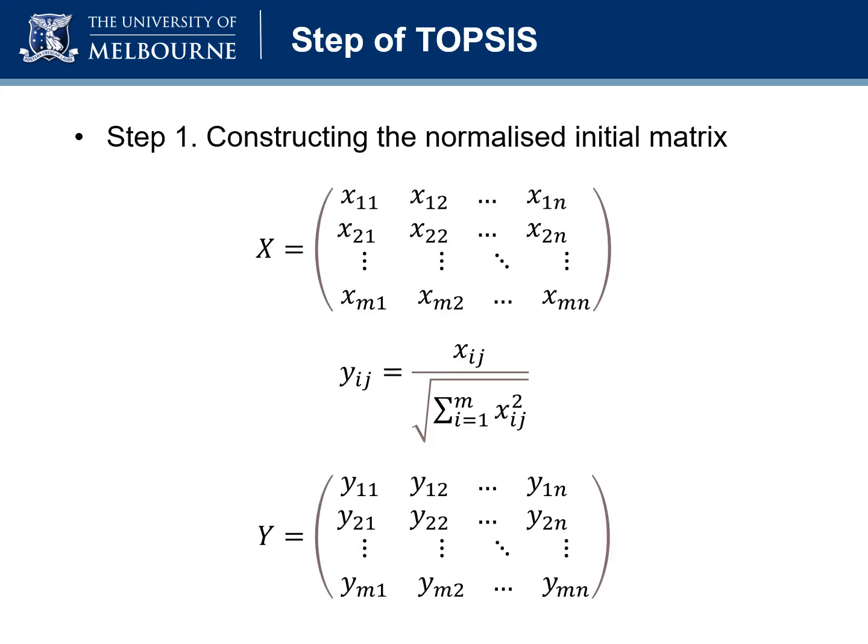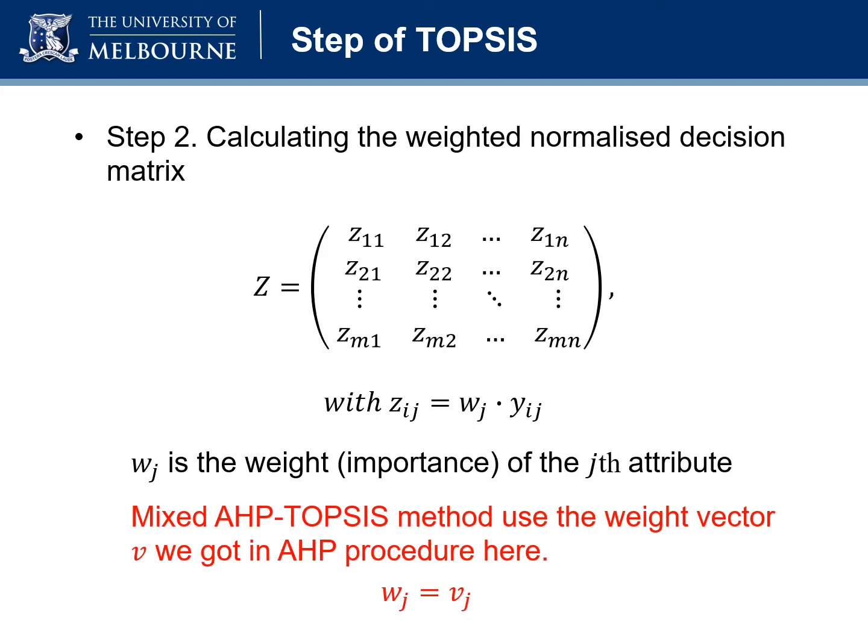The general idea of TOPSIS is that we start with a matrix X, where the element Xij is the objective performance of the ith application, which is the alternative in this case, under the jth subcriterion, and we normalize it. Next comes the most important step where the combination of the two methods can be achieved. We apply the weight we got in AHP for each subcriterion, which takes the importance of the criterion into account.